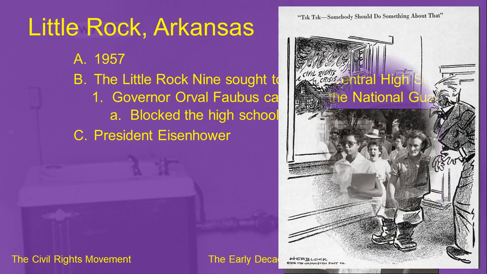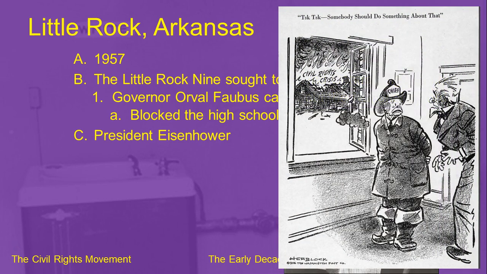Now, to this point, President Eisenhower takes a lot of criticism for his approach, or lack thereof, to civil rights issues. And this cartoon over here shows Eisenhower, the fire chief, looking out the window at the problems with civil rights and saying, oh, someone should do something about that.